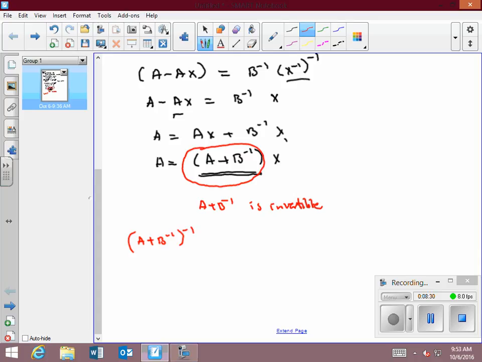So because A plus B invert is invertible, we're going to take the invert of that times both sides.